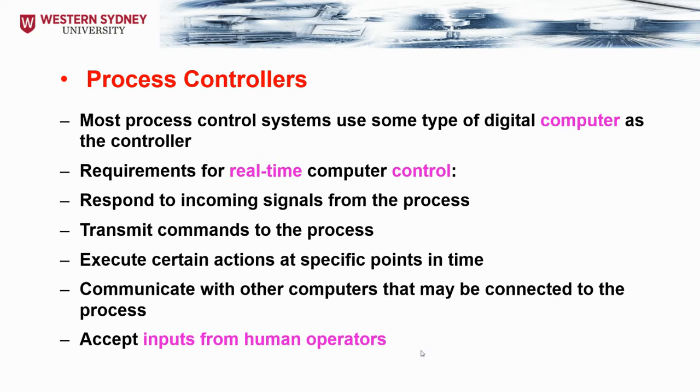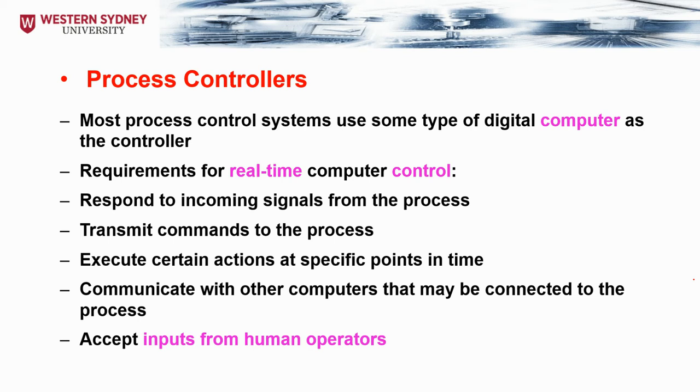Now, the most important thing with all the other equipment is something like having a human without a brain. The brain in the automation system is going to be the process controllers. Most process controller systems use some type of digital computer as the controller. It's always going to be computers.